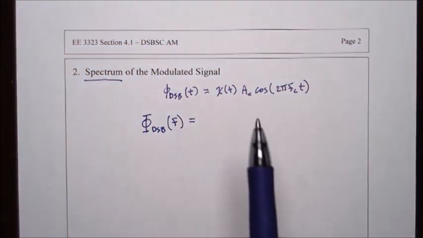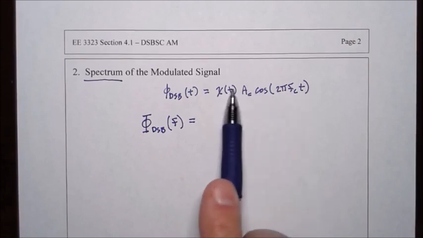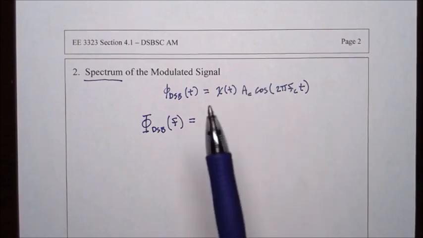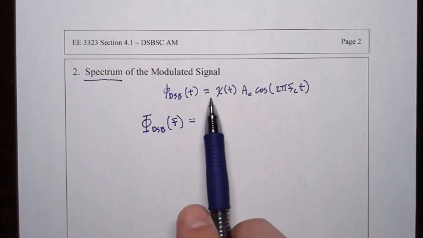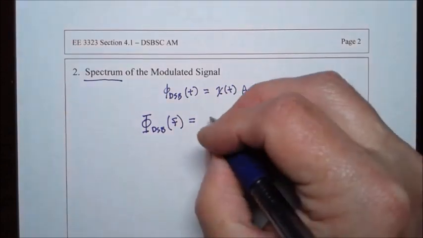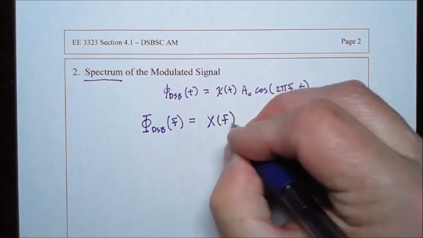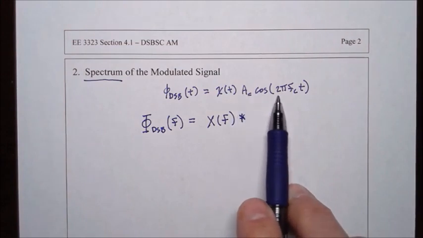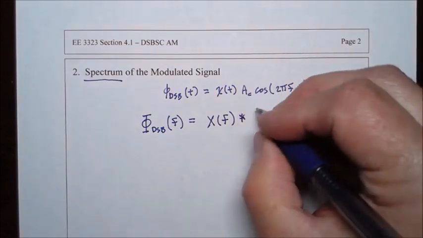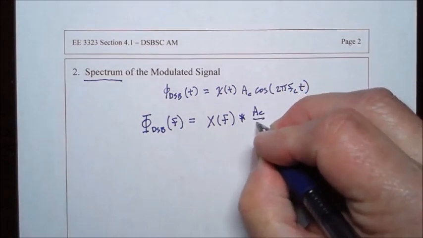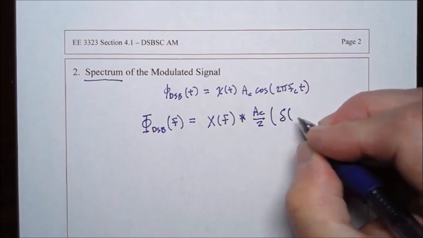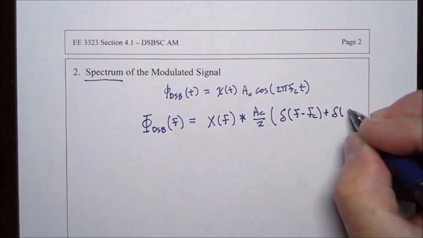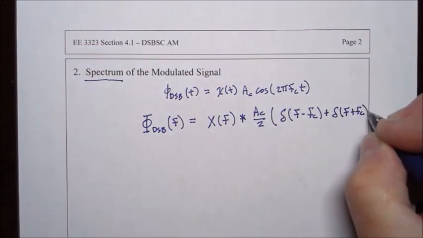That's going to be the Fourier transform of the product of these two time functions, so that using the modulation theorem, what this will give us is the Fourier transform of the message signal, which is capital X of f, and that will be convolved with the Fourier transform of the cosine, which will have a scale factor AC divided by 2, and then we have delta f minus fc plus delta f plus fc.